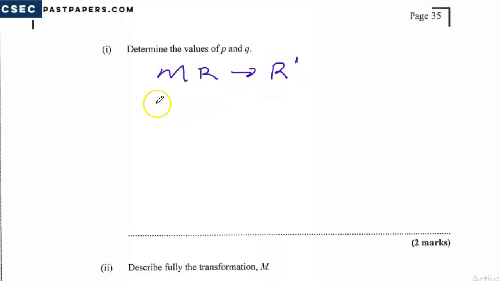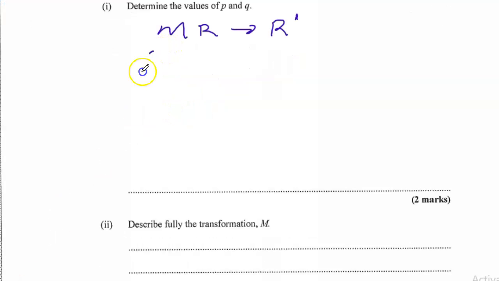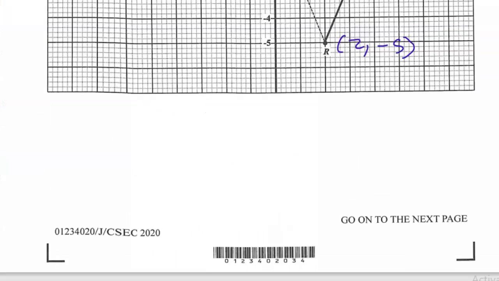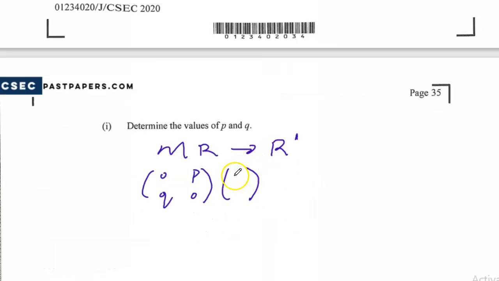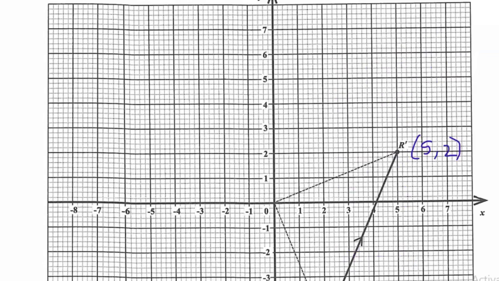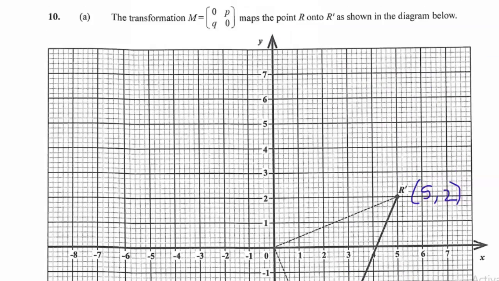Now the matrix was 0 P, Q 0, and the coordinates of R were (2, -5), and the coordinates of our R image were (5, 2).